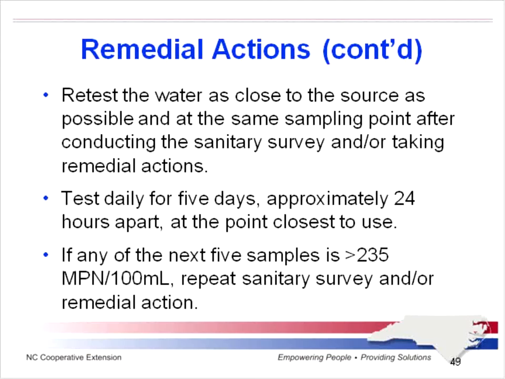If any of those 5 samples is greater than that 235, you have not found the source of contamination, and you need to repeat that sanitary survey and remedial action. So basically what we're recommending is testing, looking for a problem, remediating the problem, and then retesting until you have found that the water source has come back into compliance.